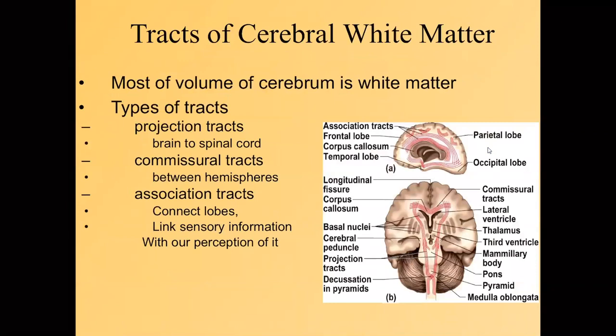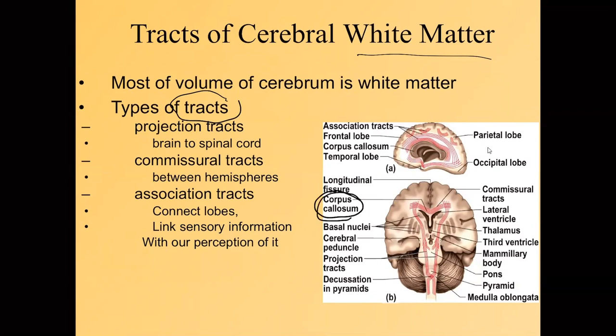Okay, now in the cerebrum we have white matter. Remember, the white matter fibers are called tracts. Most of the cerebrum is going to be white. There's one tract I want you to know, and that's the corpus callosum.